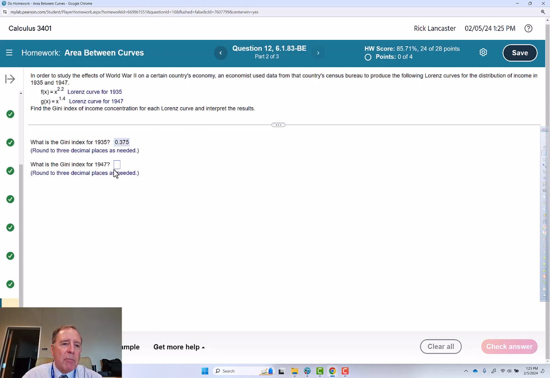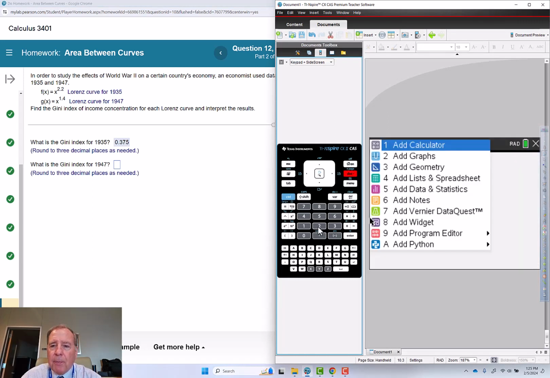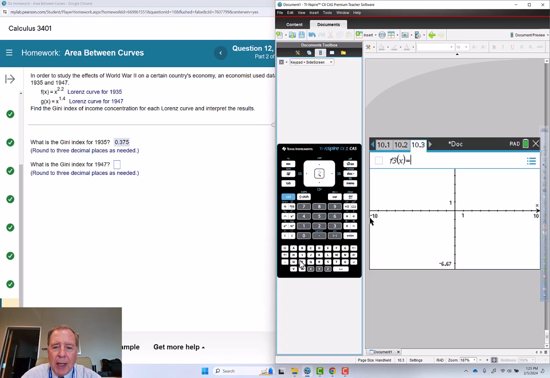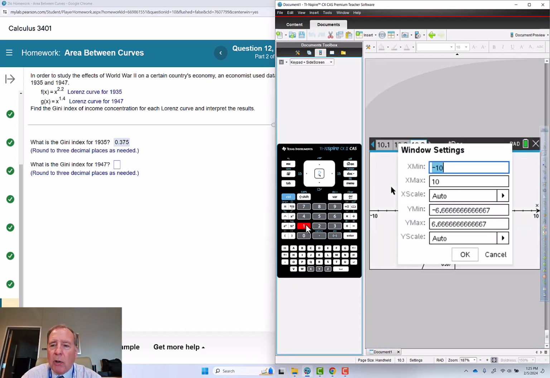And then we want to do the same thing for 1947. So we'll go back to a graph page, and I'm going to put in this one, x to the power of 1.4, and we're going to do that same kind of thing, menu 4, 1, negative 0.5 to 1.5, and we'll go by 1s.